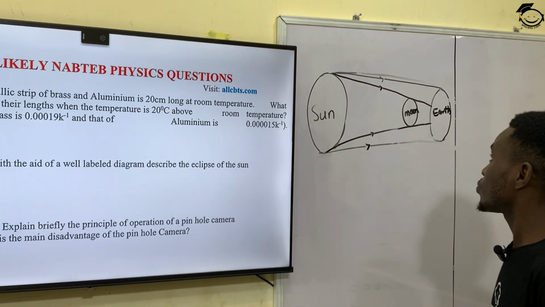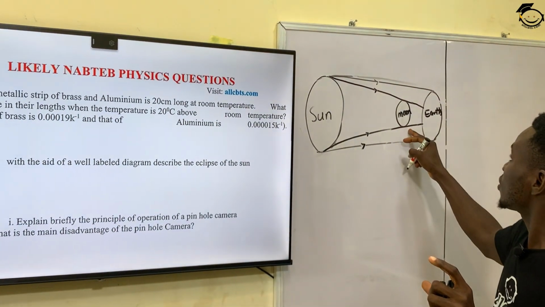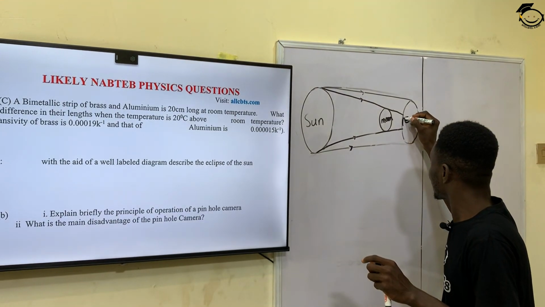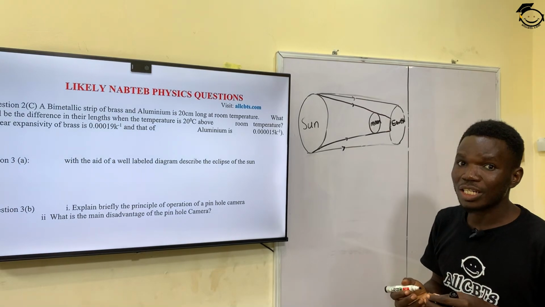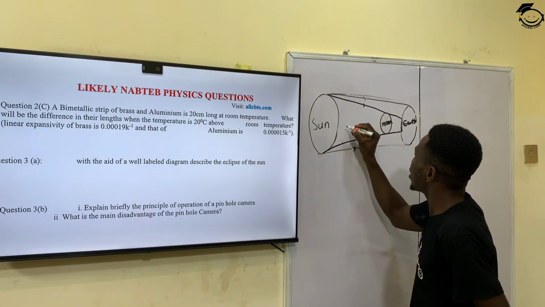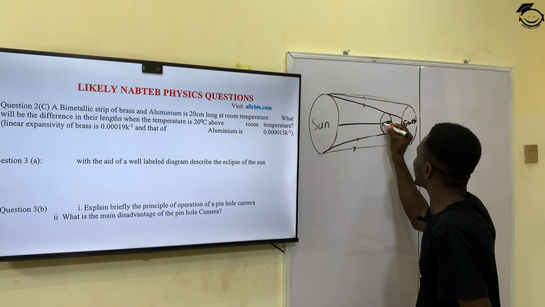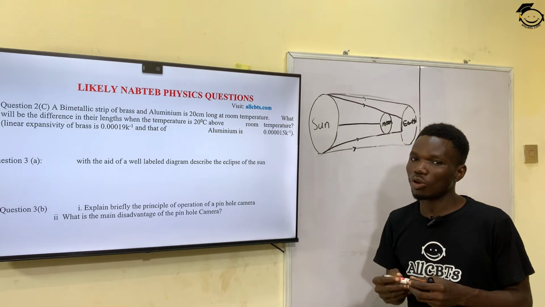Now, what is eclipse of the sun? When the moon casts its shadow on the earth by obstructing the rays of sun from getting directly to the earth. So when the ray of sun passes through the middle of the moon before getting down to the earth, it is called what? Eclipse of the sun.